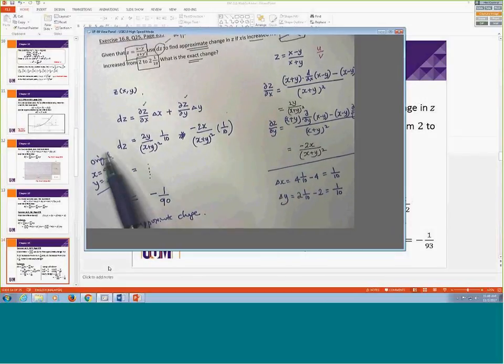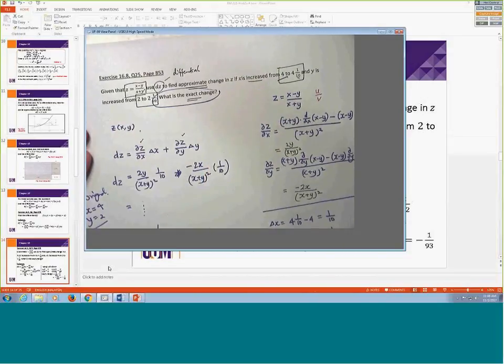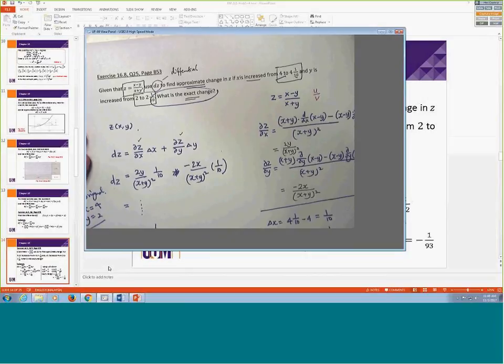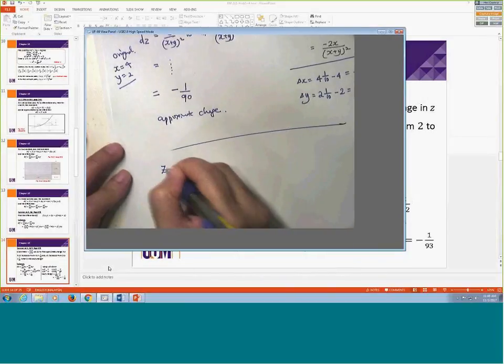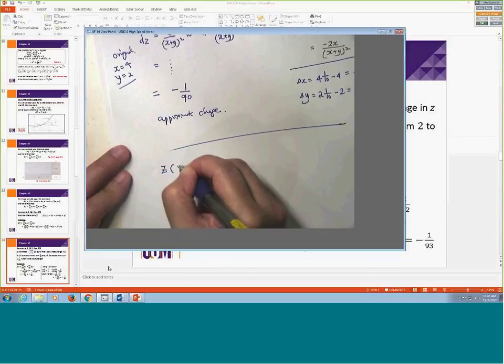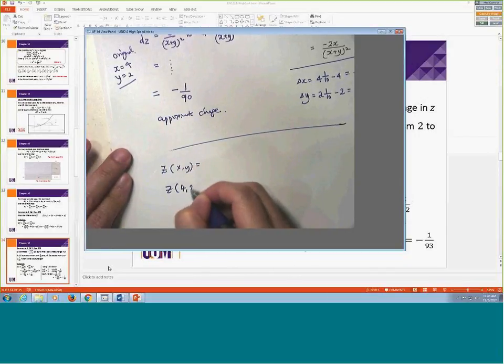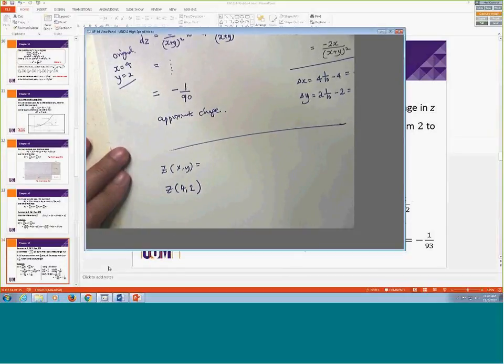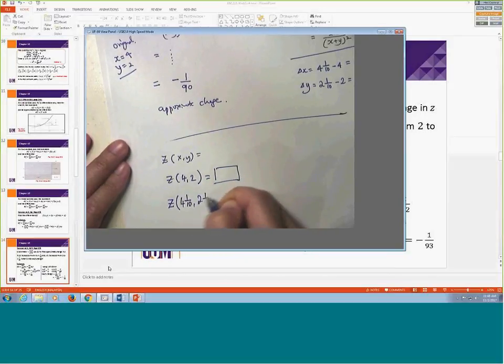So the second part, what is the exact change? It's very easy. From the z, you substitute the original value x and y. You get the answer. Then you substitute z with the new value of x and y. You get the answer.